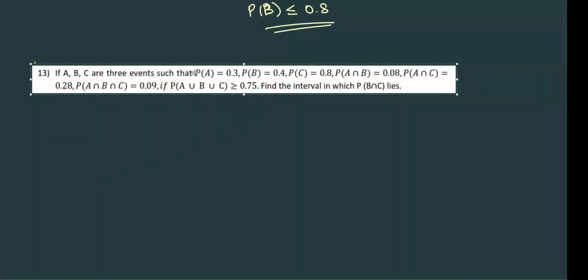If A, B, C are 3 events such that P of A is 0.3, P of B is 0.4, P of C is 0.8, P of A intersection B is 0.08, A intersection C is 0.28, A intersection B intersection C is 0.09. If the union is greater than 0.75, find the interval in which P of B intersection C lies.